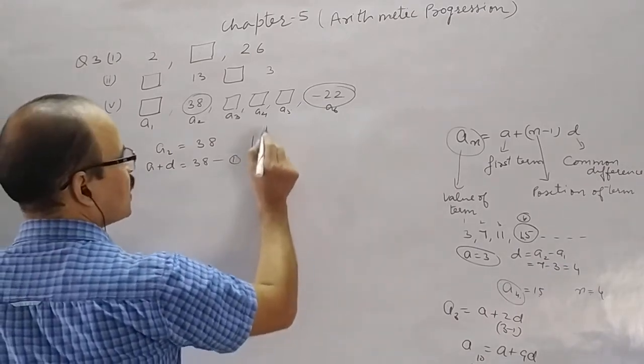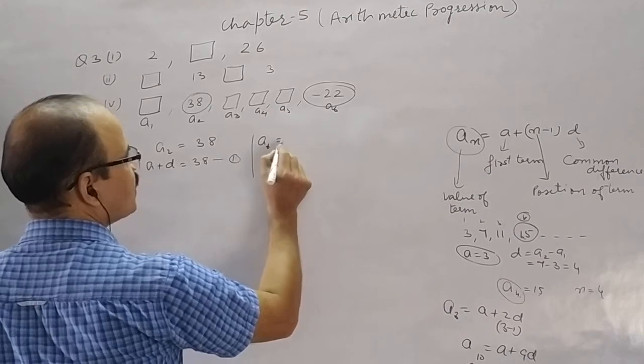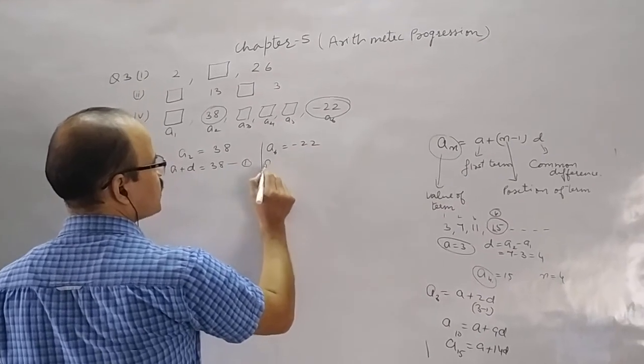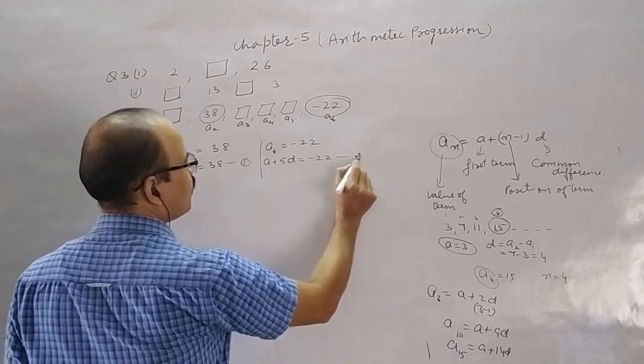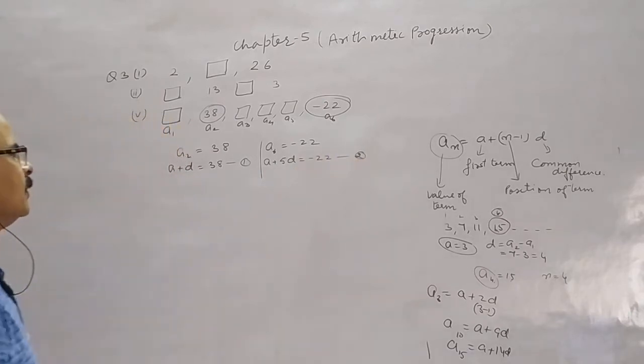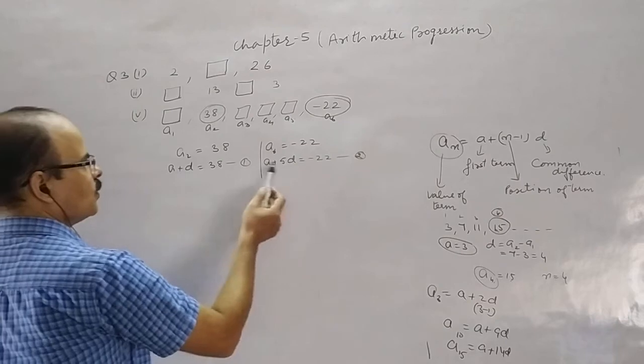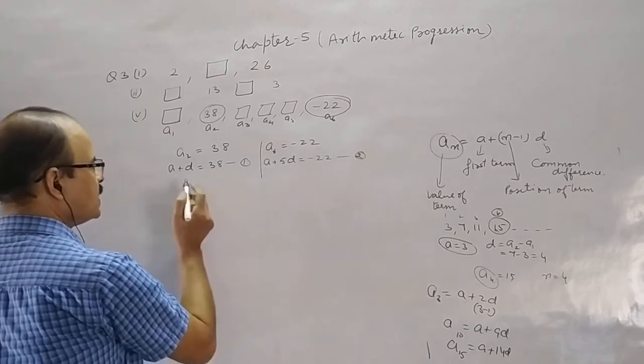Second equation, a6 is given as minus 22. So it can be written as a plus 5d is equal to minus 22. Now solve these two equations and get the values of a and d.